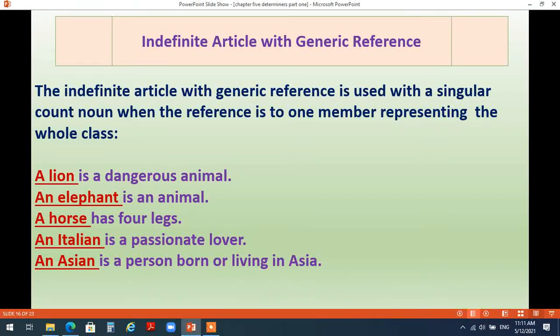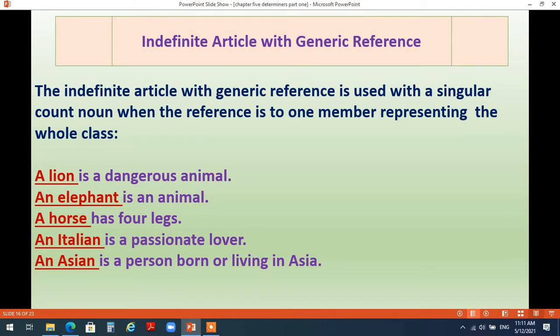A horse has 4 legs. Here also we used a singular count noun to indicate that the horse here is one member representing the whole class of horses. An Italian is a passionate lover. Here again we have used the indefinite article an to indicate that an Italian man is one member representing the whole class of Italian men.